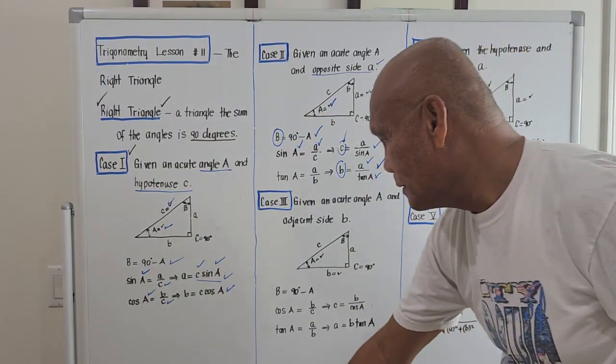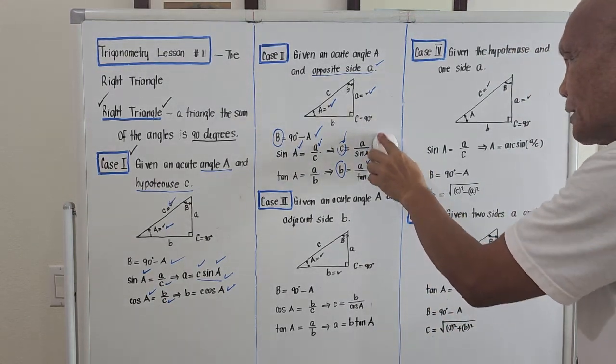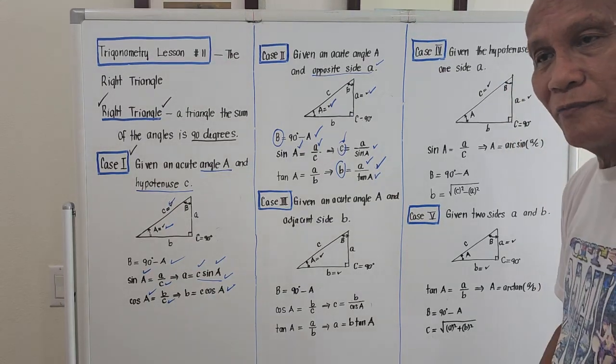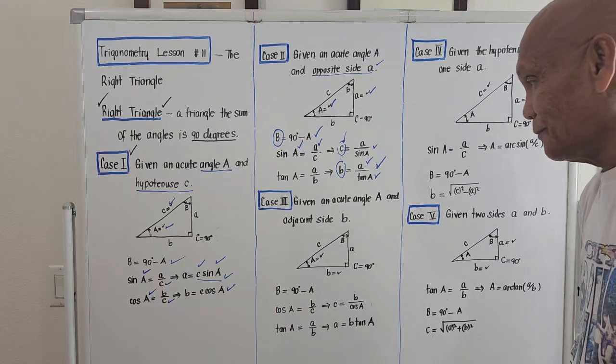So just take it easy in the formulation of the equation on how to compute for your unknowns. Just apply your knowledge of the definition of the concepts of trigonometric functions, right?